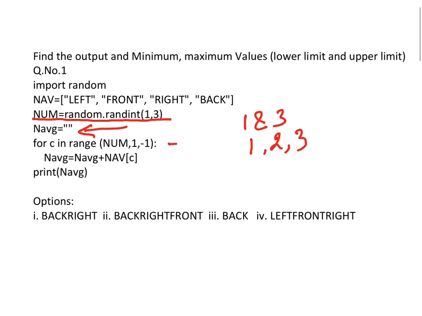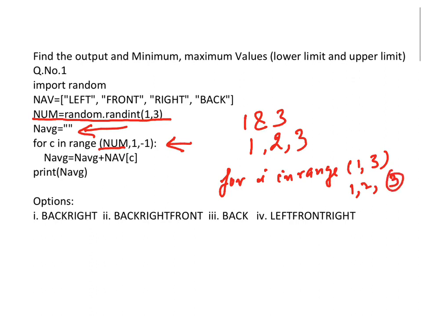Now in the next step you can see for C in range(num, 1, -1). I think you know the for loop very well. If you have used for I in range(1, 3), this loop will be executed for 1, 2 and not for 3.